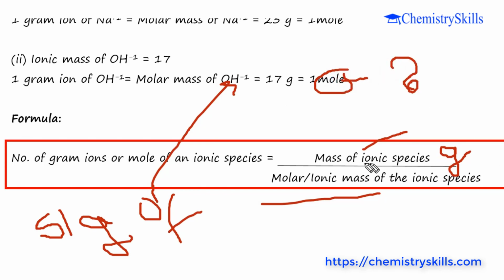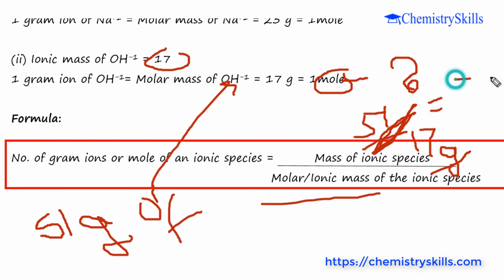So as per formula, the mass of the ionic species is 51. We will put 51, divided by the molar or ionic mass of the ionic species. What is the ionic mass of OH? It is 17. Good. So divided by 17, and as per my mind math, it will be equal to 3.